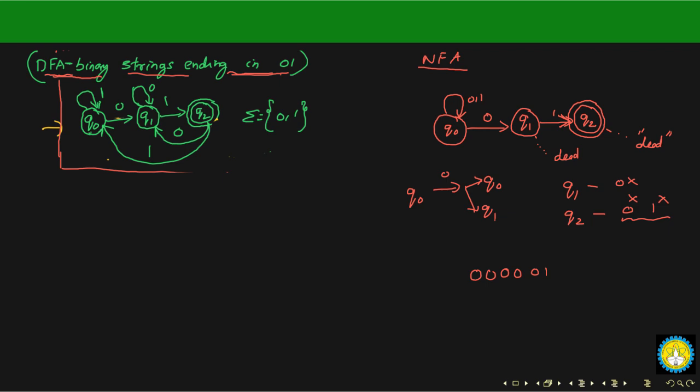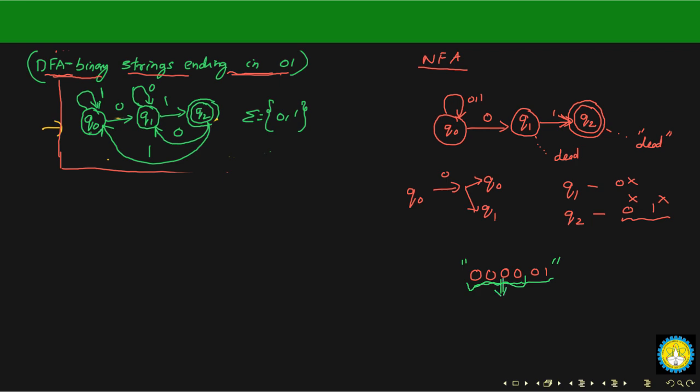From this knowledge, we can understand that an NFA has many different ways of processing a given string. Suppose in this example the given binary string is 00001. Then the NFA can process it in different ways. One way is that whenever I see a 0, I stay at Q0 itself, for the first four zeros.